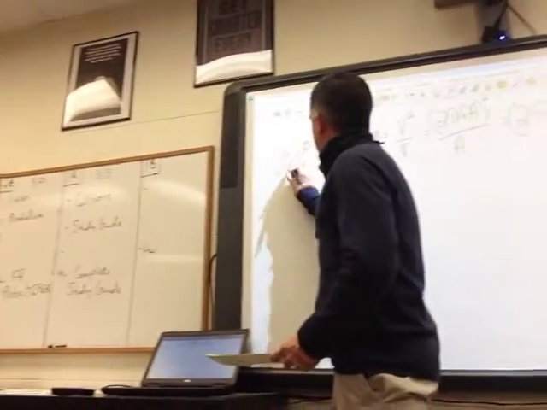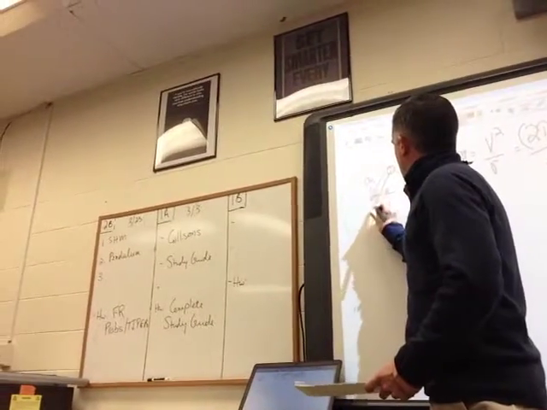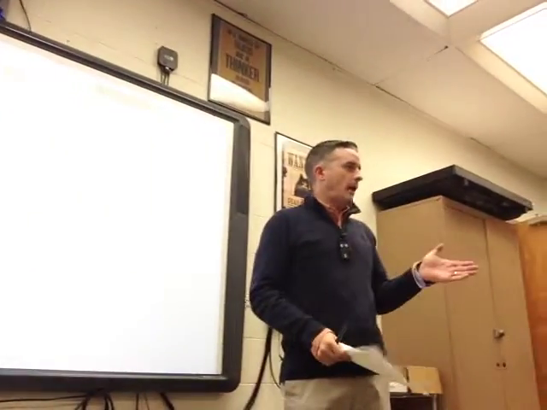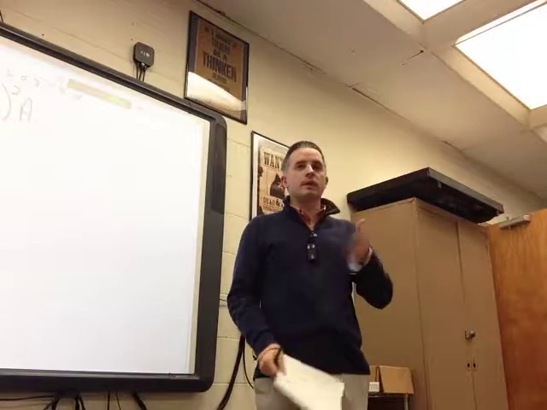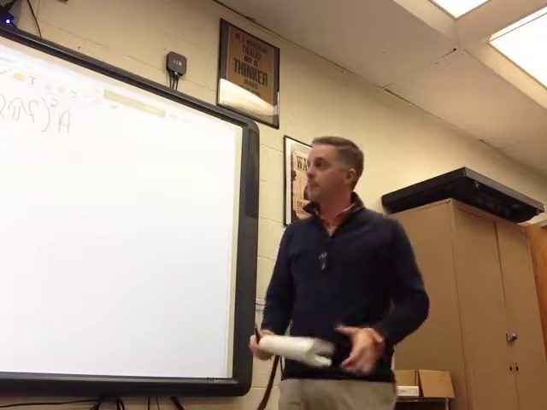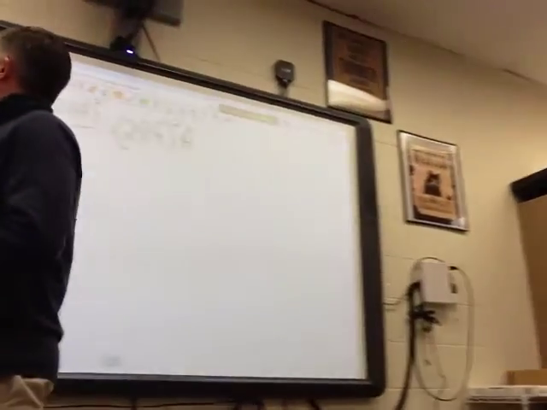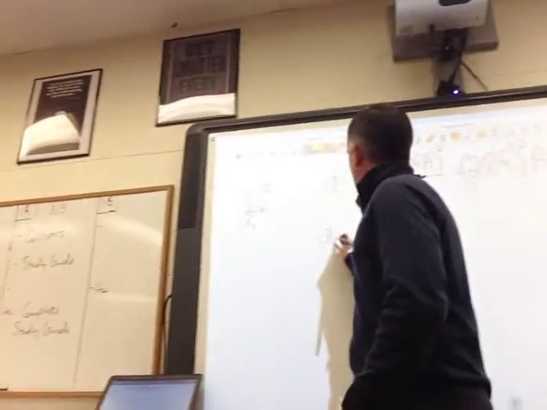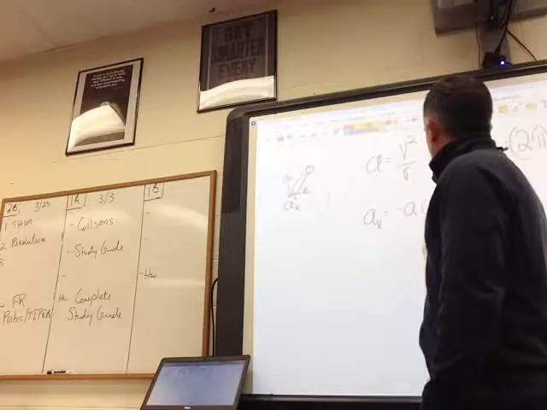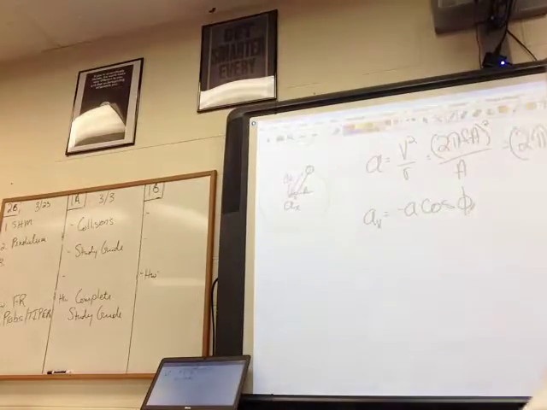So to do that, again, I know that that is A sub c, but it's the x component of it that we want, because the y's don't matter for us, since they don't show up on the screen. We only see the x component of everything that happens. So in that case, a sub x is equal to negative A cosine of phi.